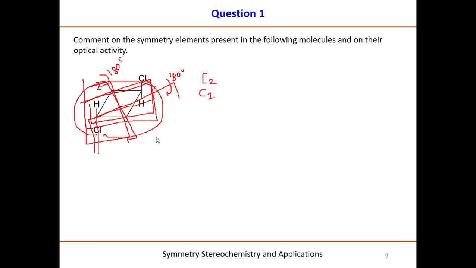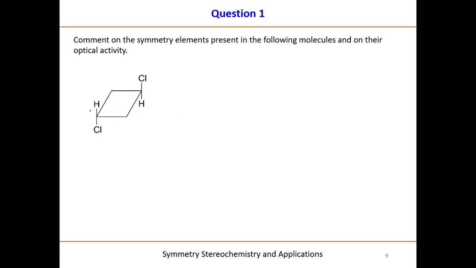If I cut the molecule through here, this half is similar to this half. So we have 2C2 and a sigma plane.